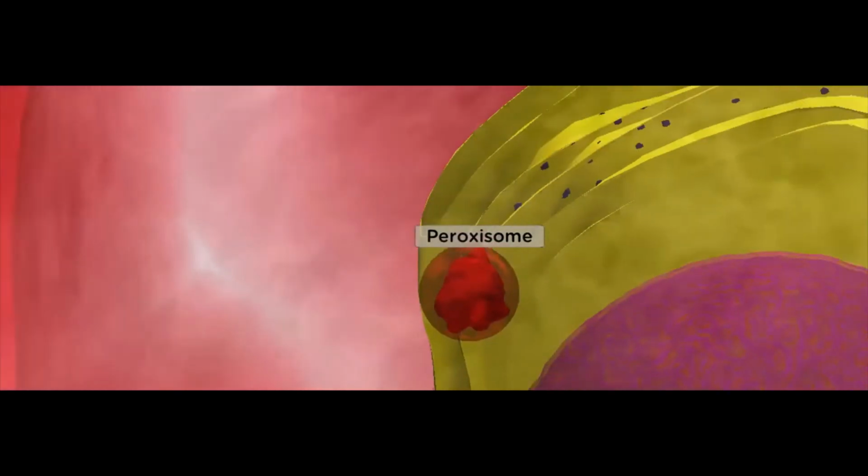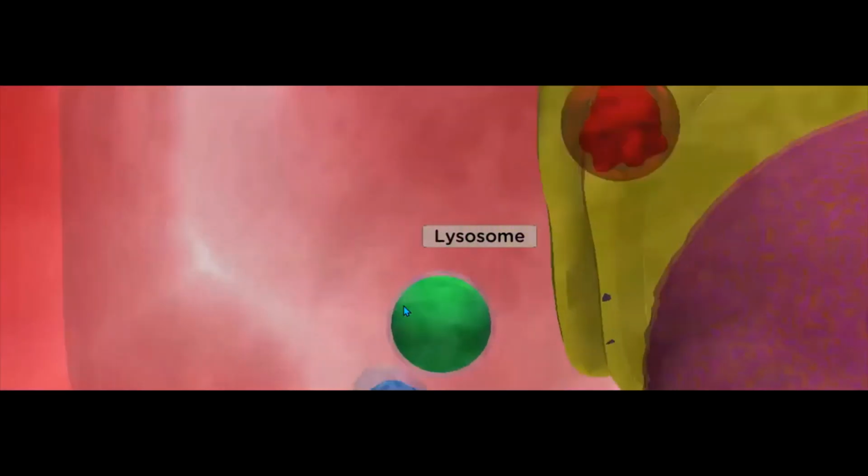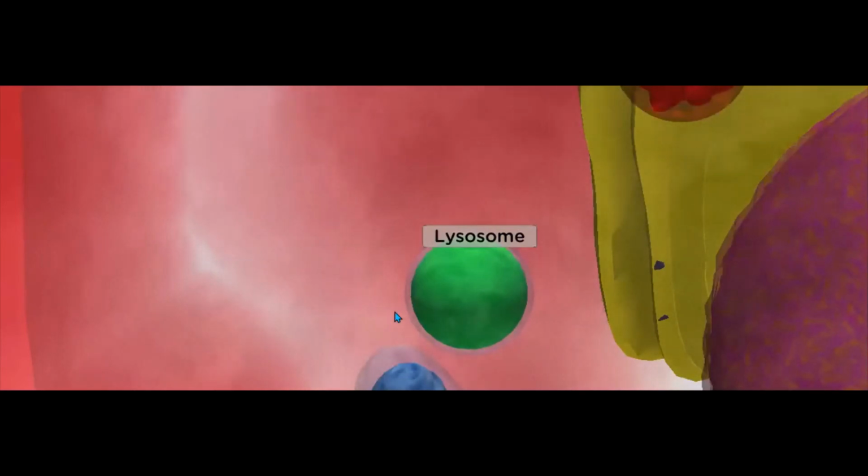Then comes our lysosome. Lysosomes are specialized membrane-bound organelles containing enzymes that can break down all four types of macromolecules such as proteins, nucleic acids, carbohydrates and lipids.